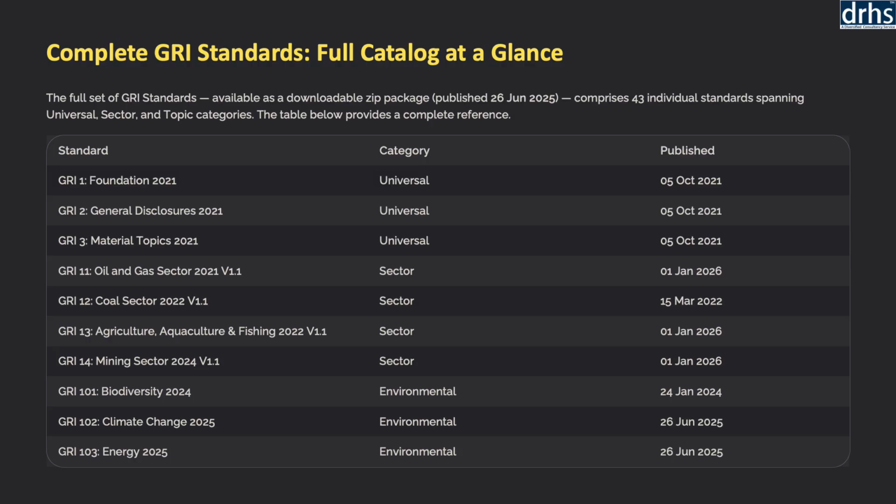This structured compilation reinforces transparency and facilitates adoption across organizations at varying levels of reporting maturity. Overall, the full catalog embodies a holistic and integrated reporting system, enabling organizations to align sustainability disclosures with global best practices while advancing accountability, comparability, and long-term value creation.